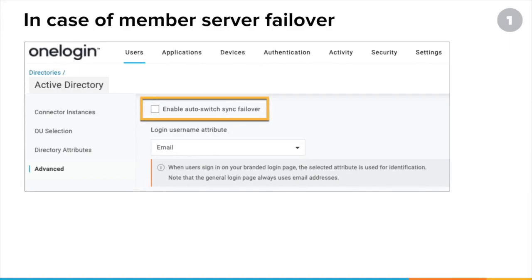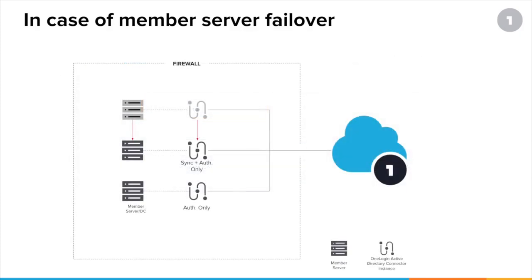So again, remember that Enable Auto Switch Sync Failover, the one over on the Advanced tab of our Active Directory connector? Well, if that is checked, then the job of syncing users from AD to OneLogin will automatically fail over to another ADC instance, again, if that primary ADC instance goes down.